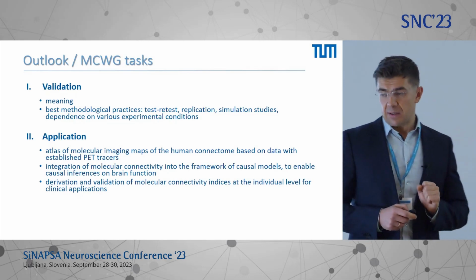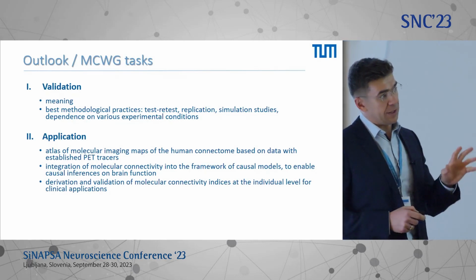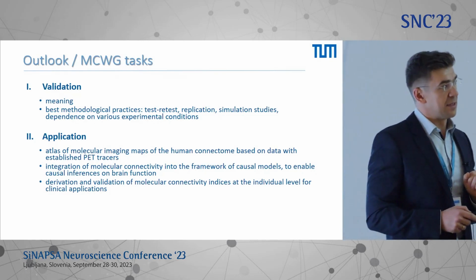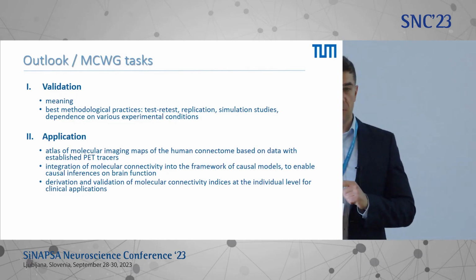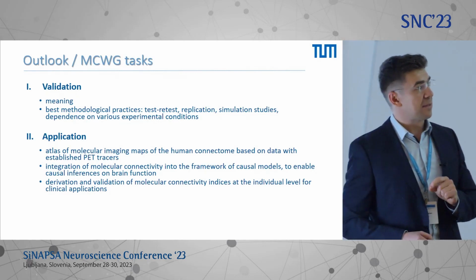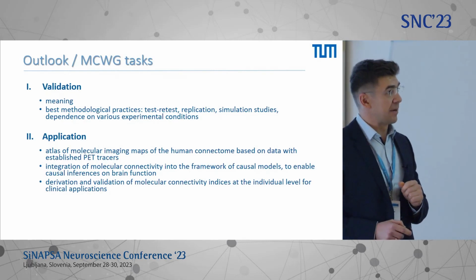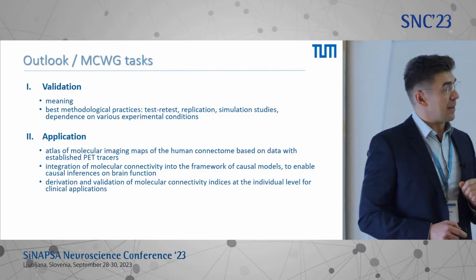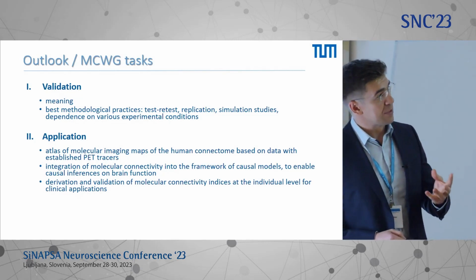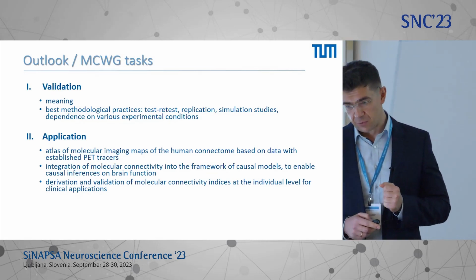And we want to derive and validate these molecular connectivity indices at the individual level. Ariana Sala will give a talk now on this aspect, and the colleagues in Ljubljana have been very successful on this application aspect, so to use this molecular connectivity in the differential diagnosis of neurodegenerative disorders.